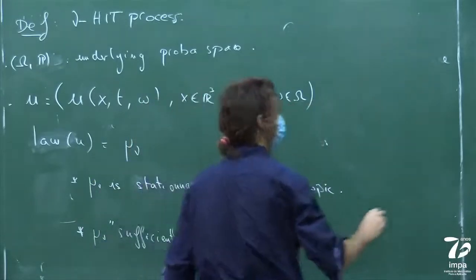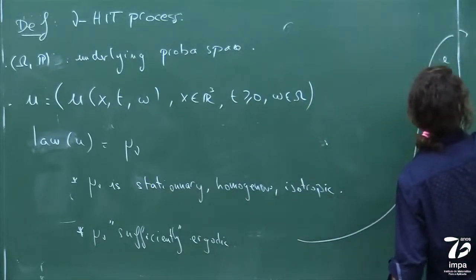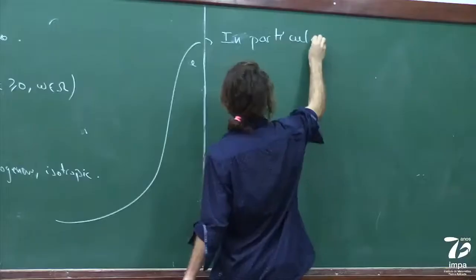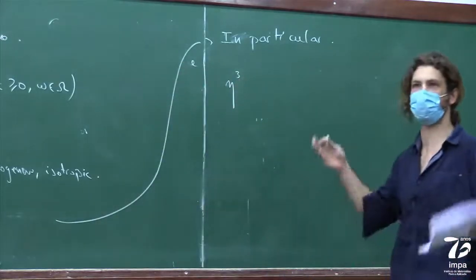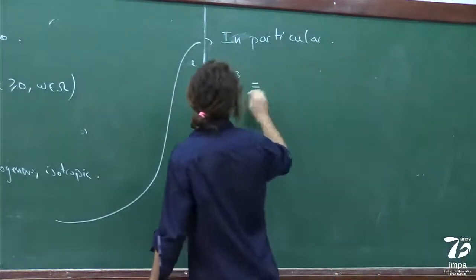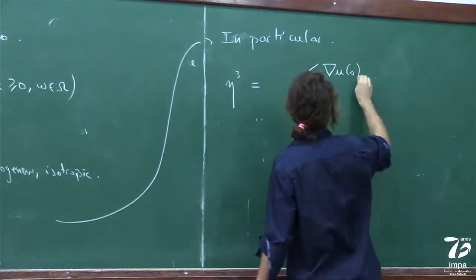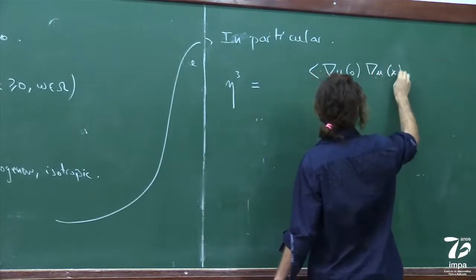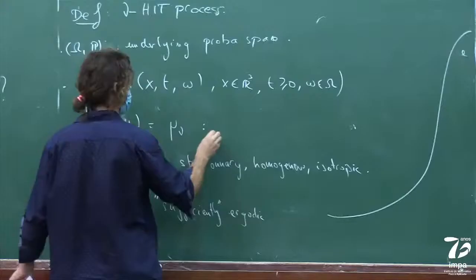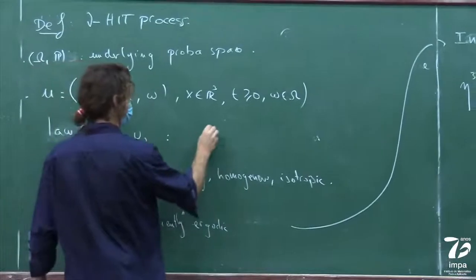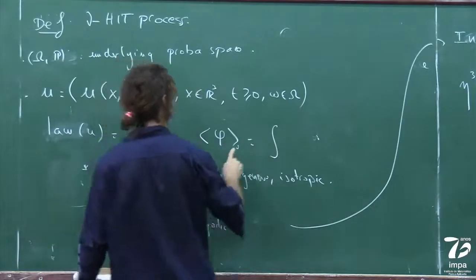In particular, if we define a correlation length based on the gradients, it will be something like: the law of nu, and the average with respect to mu nu will be denoted without the nu.